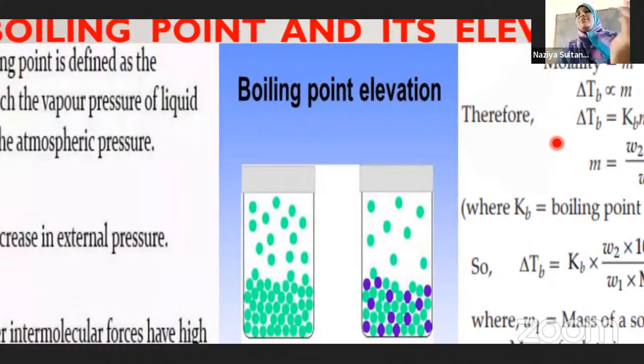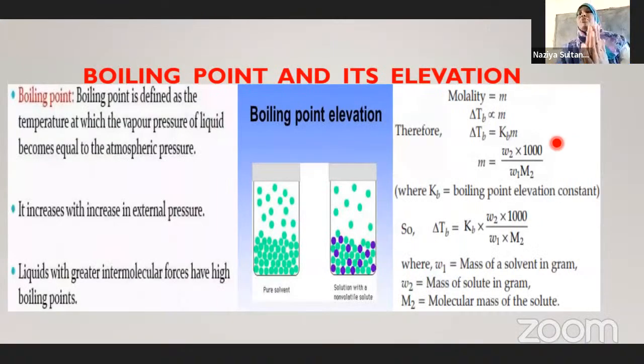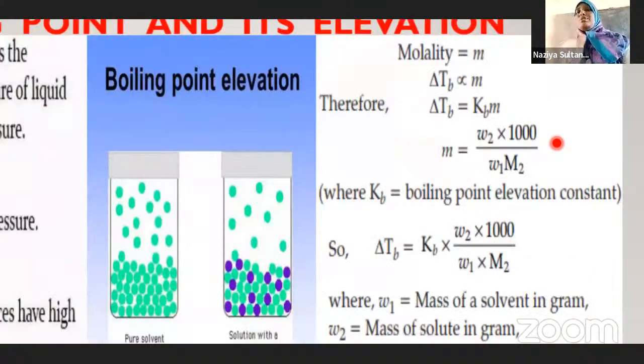Delta TB is the difference in the boiling point of the solution and the pure solvent. It is directly proportional to the molality. When we remove the proportionality, we get a constant, that is the ebullioscopic constant or molal elevation constant. So we can expect a problem based on this.